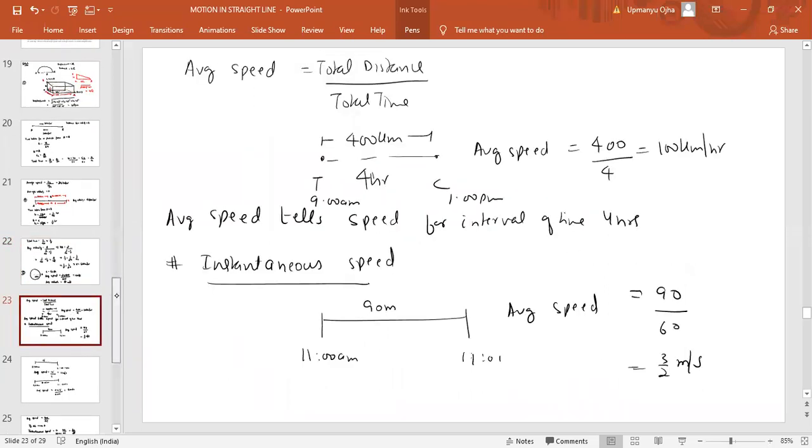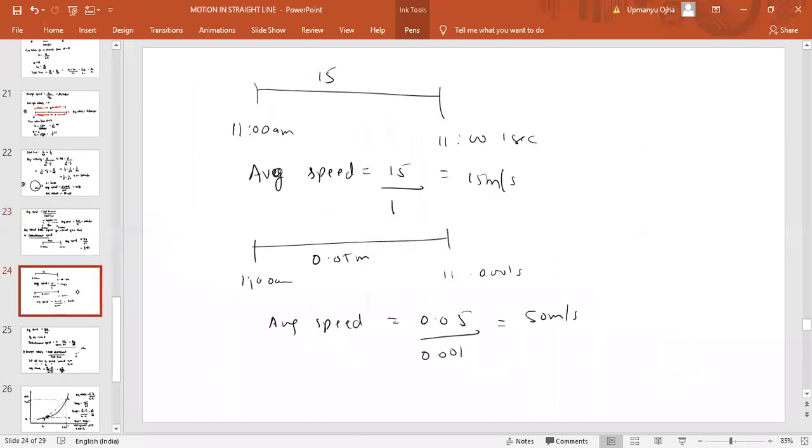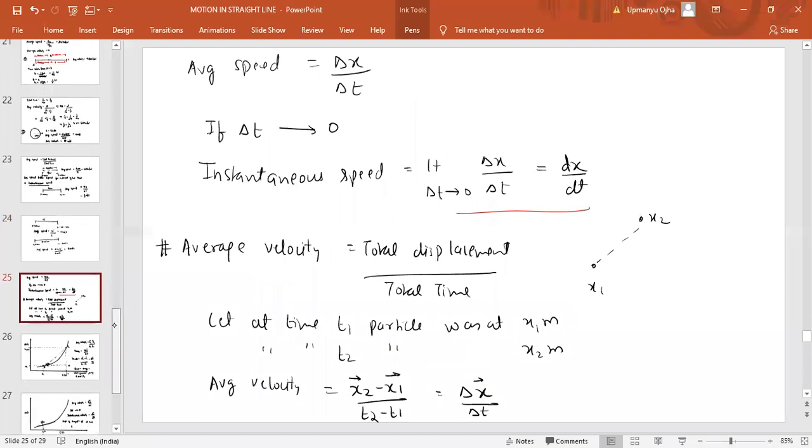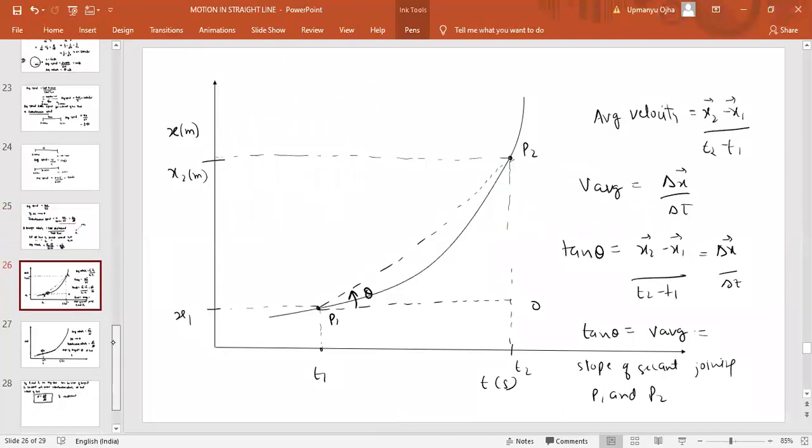Any other doubts you are having? Speed can be zero if you don't move. If you are at rest, it means speed is zero.